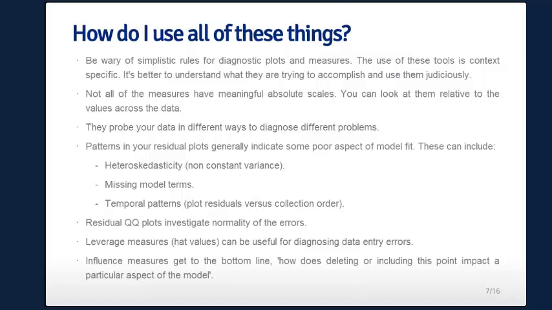The number one rule, I would say, is be wary of simplistic rules for diagnostic plots and measures. I prefer to think of these tools as being context specific. What I would hope everyone in this class would do is understand what the tools are trying to accomplish and use them judiciously and smartly. A very important point is not all the measures have meaningful absolute scales.